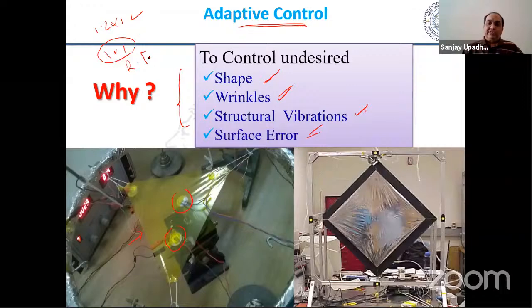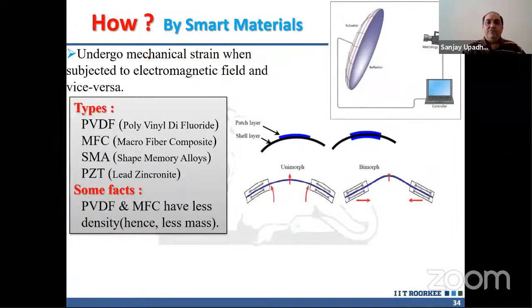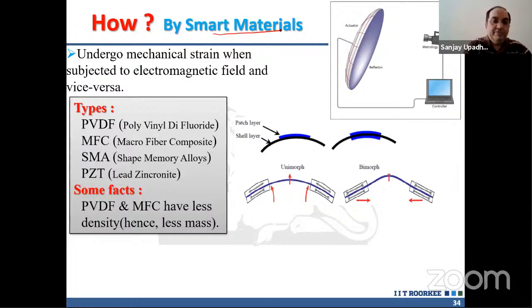And how do we control it? With the help of smart materials. These materials include PVDF, polyvinylidene fluoride, MFC, macro fiber composite, shape memory alloy, and PZT, piezo patches we can say.